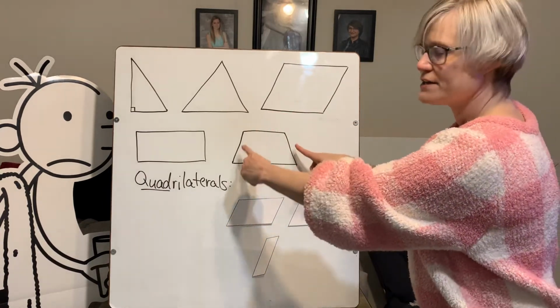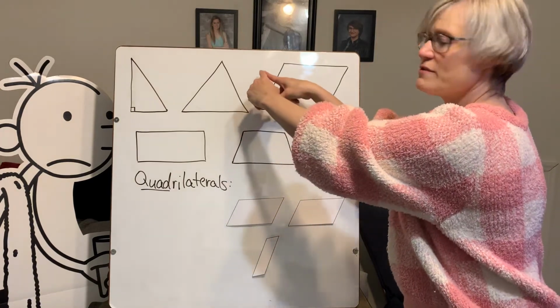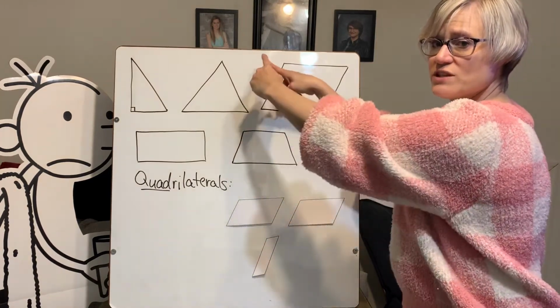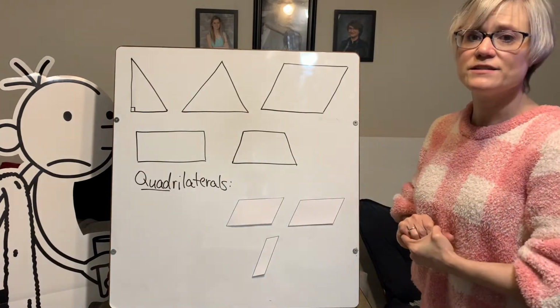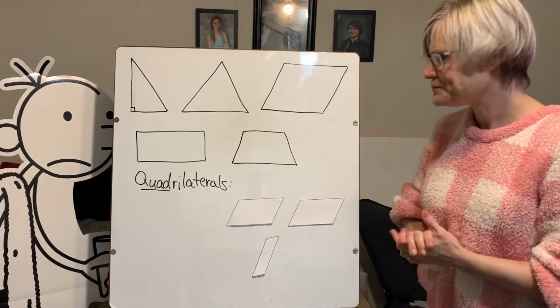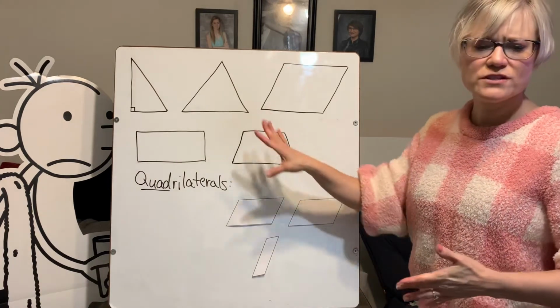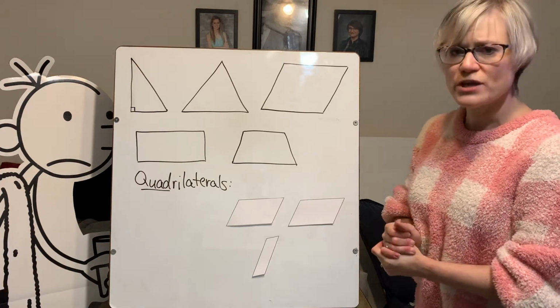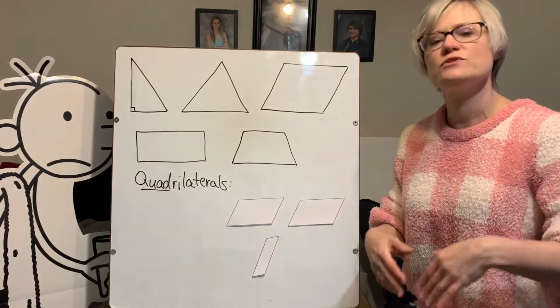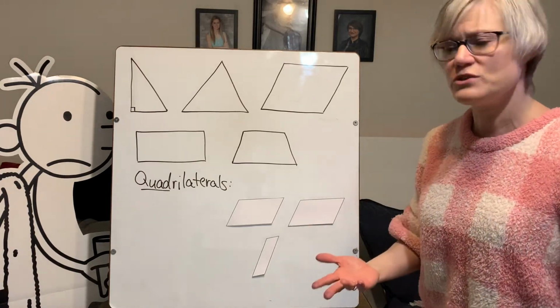Now these sides, if we were to run our fingers up, eventually the sides would touch. And so those are not considered parallel. They would be considered intersecting lines. Okay, so that's just kind of a quick review of some of the features of shapes, which is a part of geometry.